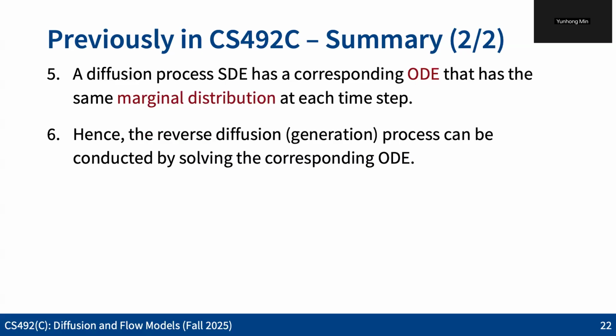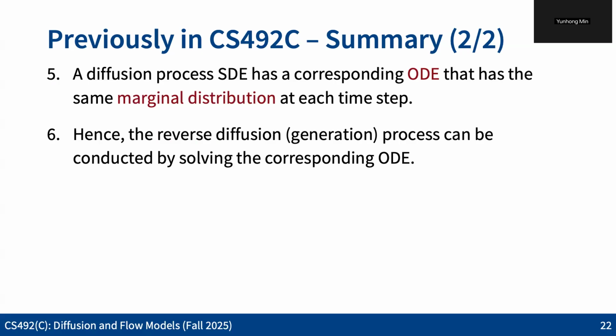So in the SDE formulation, we are basically injecting some noise every time, right? Some stochasticity. In the ODE formulation, there is no random noise, which means that we can make the reverse process deterministic. When we start from the same starting point, we are always going to go to the same end point. So that's a similar connection to what we have seen from the DDPM and DDIM case.